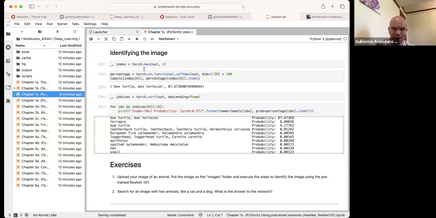They have an 87.6% probability, according to the neural network, for this to be a box turtle, which actually it is. And the image is one that I picked from the internet. It is not the image that was used for training the neural network. But still it is capable of capturing the features of the image and assigning a very high probability.